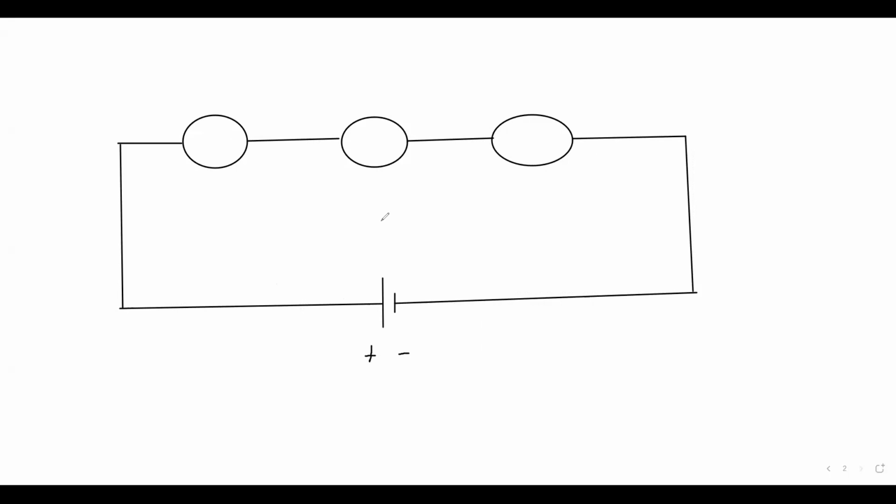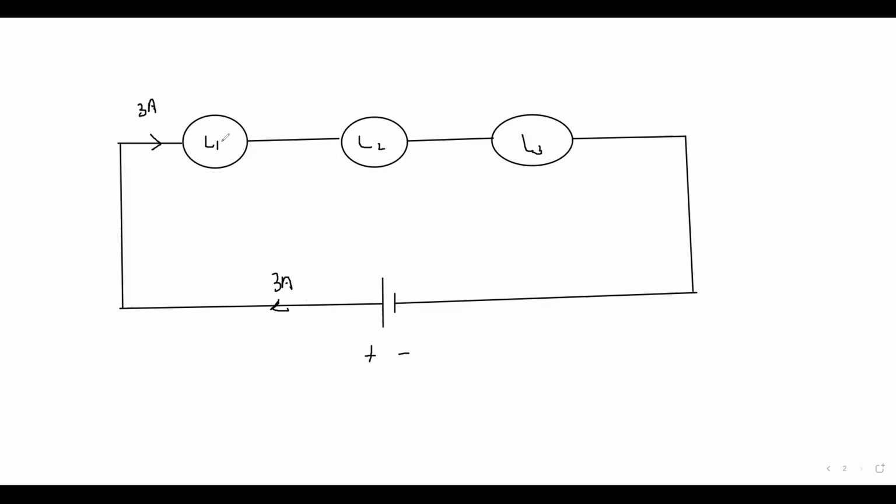The direction of the conventional current is from positive to negative. This one is lamp 1, lamp 2, lamp 3. If 3 ampere is coming out from the battery, how much current enters lamp 1? What will be the current entering lamp 1? That will be 3 ampere.